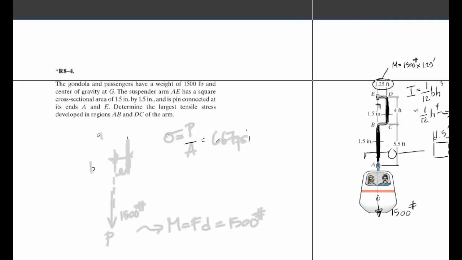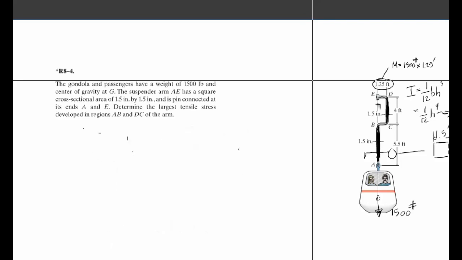As we erase all this stuff and get it out of the way, we know that the stress at B is equal to P divided by A, and then we have MC over I, plus or minus. I'll have you decide what that is, because you are trying to find the worst case, so you've got to think about it.